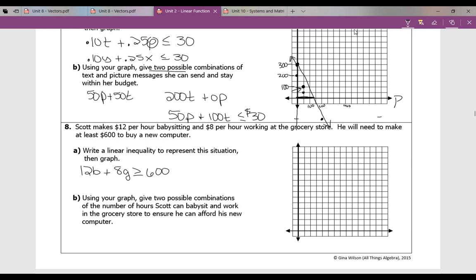Now here again, you need to decide which axis is the babysitting axis and which axis is the grocery axis. So I'm just going to let this be babysitting and grocery. So that means grocery is Y, babysitting is X, and I can put those in the equation and write it in terms of X and Y. So that would be 12X plus 8Y greater than or equal to 600.